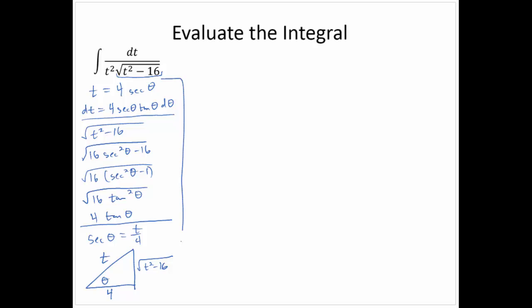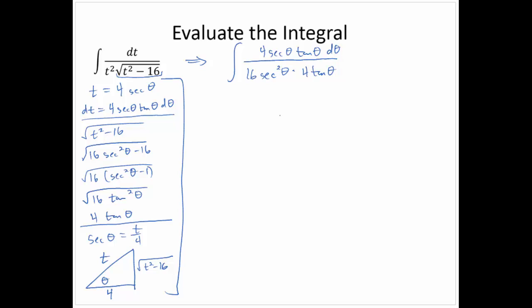All right, so let's keep all that in mind, and let's rewrite our integral. dt is 4 secant theta tangent theta d theta, and t squared would be 16 secant squared theta, times the square root of t squared minus 16, which ends up being 4 tangent theta.